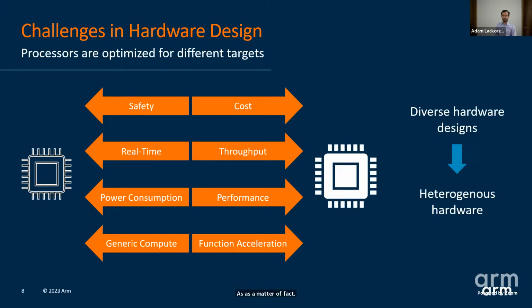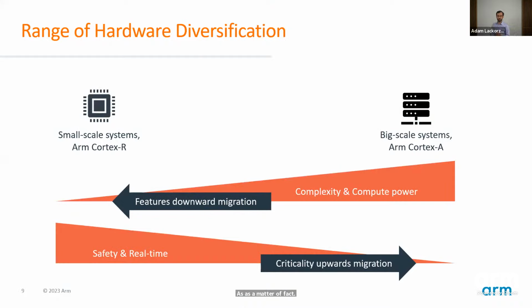Now when we look at this with ARM systems in mind, we basically see two different focus points in the processor design. On the left side, we have the Arm Cortex-R profile processors that are targeted at small-scale systems and very much focus on the safety and real-time requirements of the use cases.